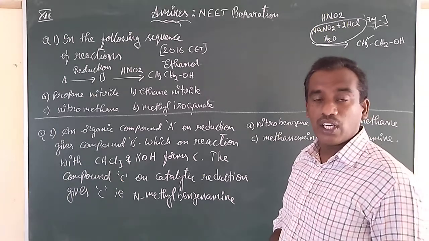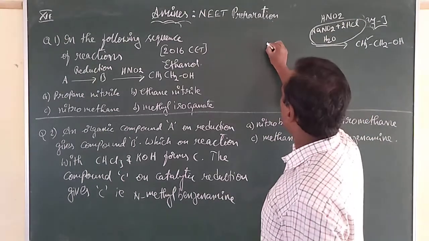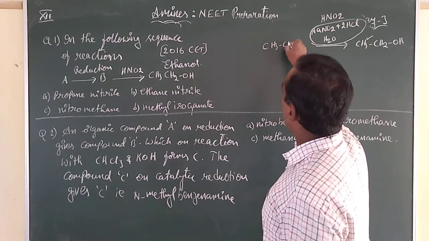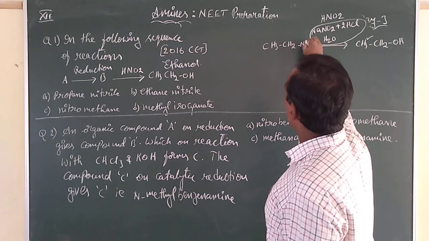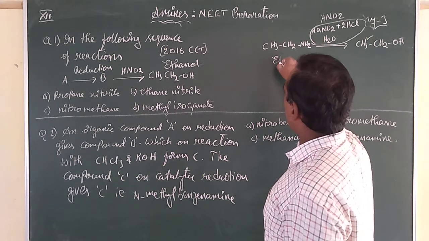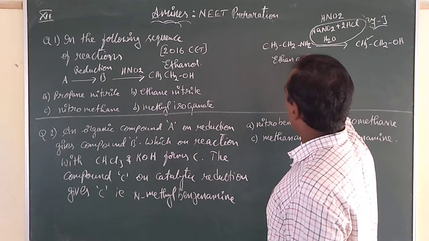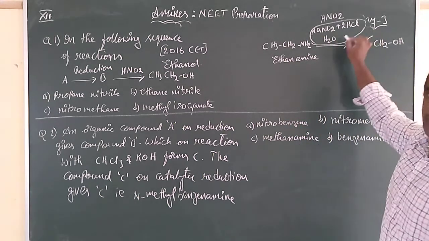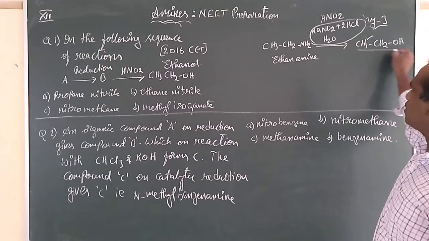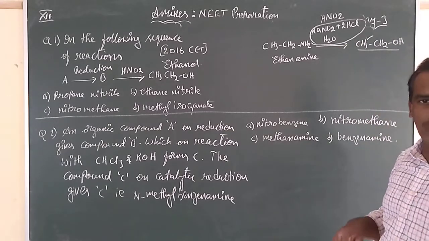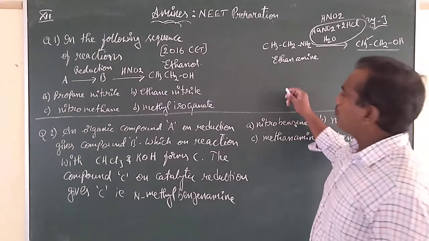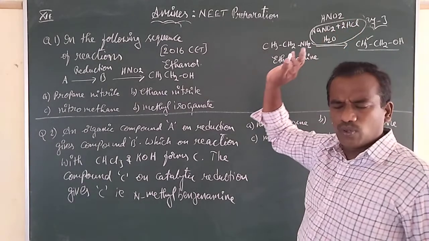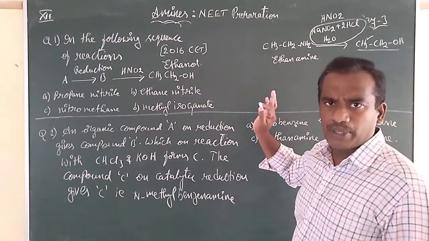From where? Do you remember the last point I told you? Ethanamine. From ethanamine, on reaction with NaNO2 in presence of HCl followed by hydrolysis, we got ethanol. That is the only source. HNO2 means only this amines chapter.